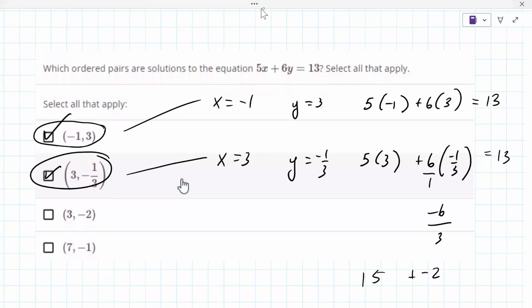All right. Why don't you try the next one since it's whole numbers? Nice numbers there.